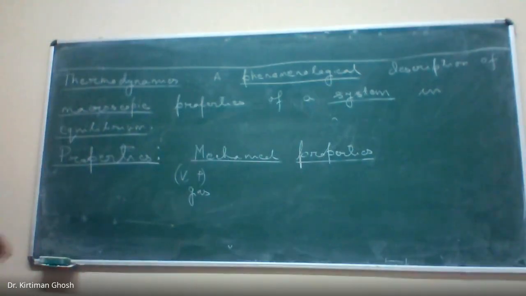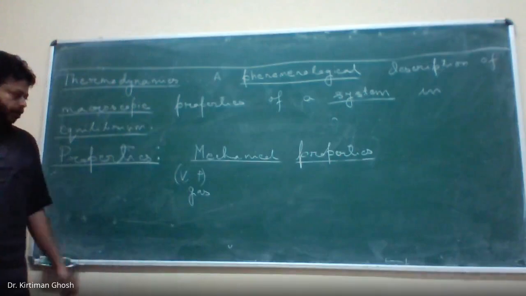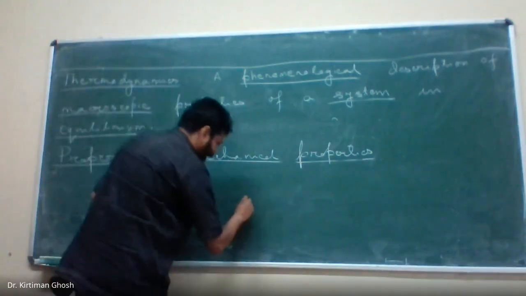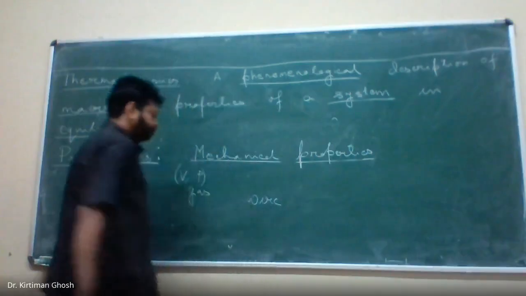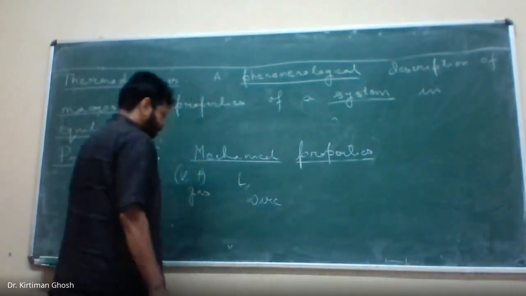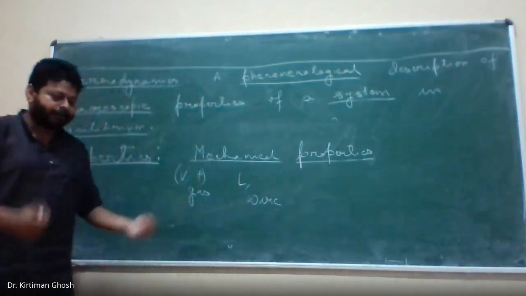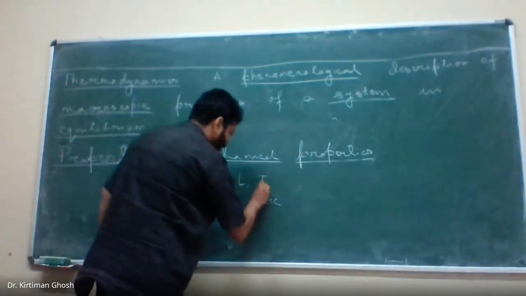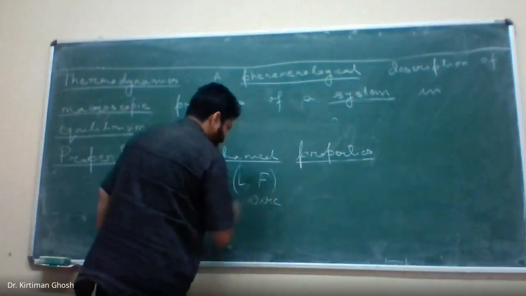So in thermodynamics, some kinds of properties are mechanical properties. If you have a wire, you can measure the length of the wire, and you can measure the force acting on the wire, that is the tension of the wire.